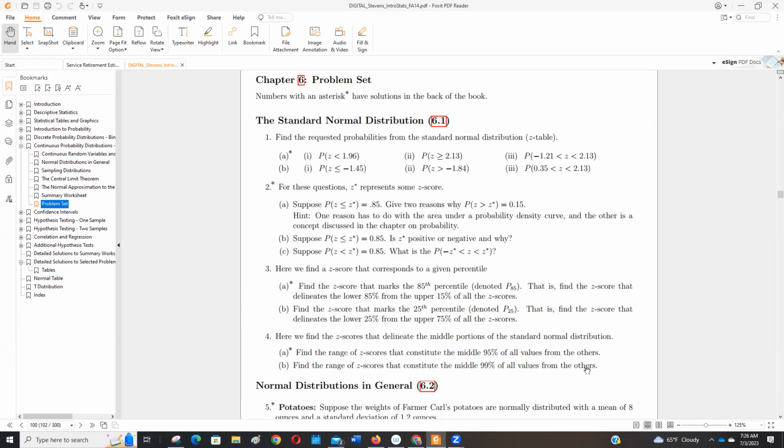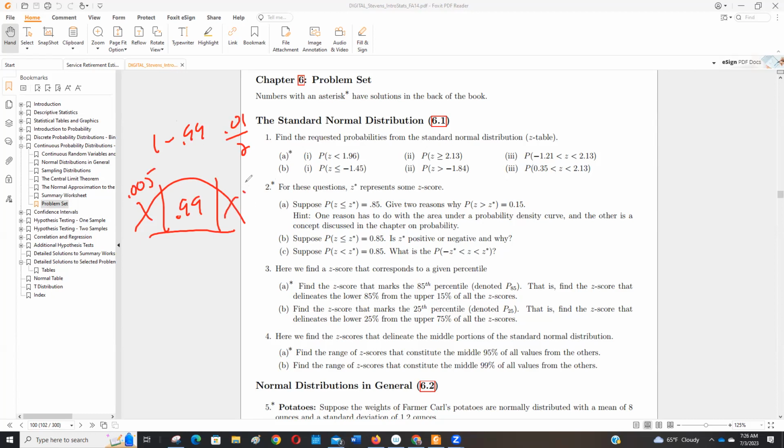The middle 99%, well, if we were going to do that by hand, there's 0.99 in the middle, and 1 minus 0.99 is 0.01, and half of that will be the tail area. That's 0.005, right?